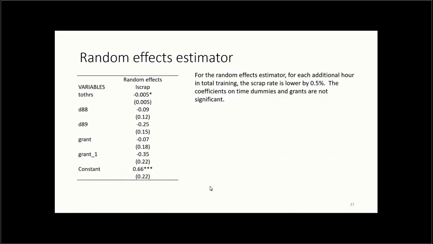If we look at the results here, what we see here is that for the random effects estimator, for each additional hour of training, the scrap rate is lowered by 5%. So the coefficients on the other variables are not significantly different from 0.